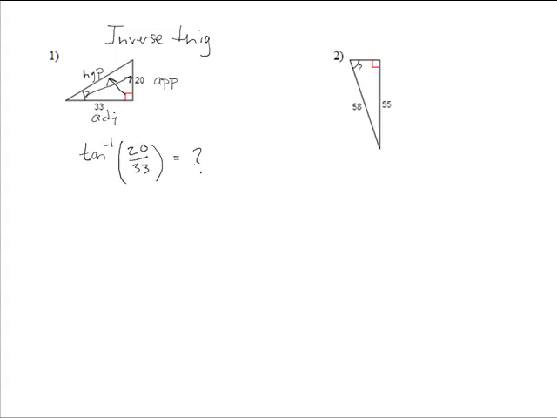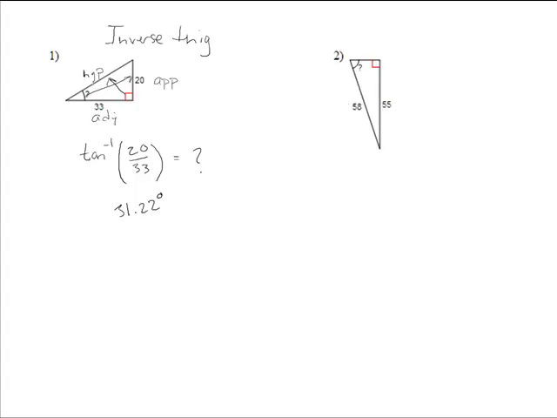Now all we have to do is put that into the calculator. When we do, we get that the inverse tangent of 20 over 33 is equal to 31.22. Our units for this are degrees, because we've got 31.22 degrees.